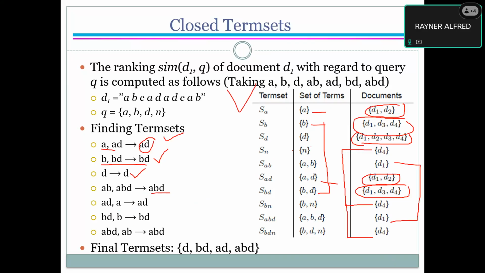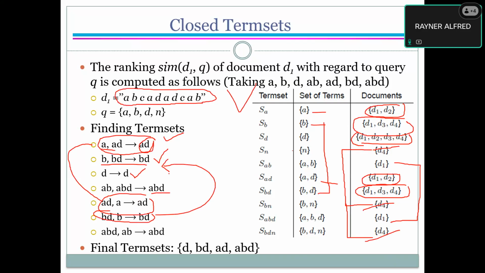We don't consider the N here, because N is not in document 1, so we will ignore this. Then we have ADA. This is similar to this one but in a different order. So this one is similar to this one, and this is similar to this one.